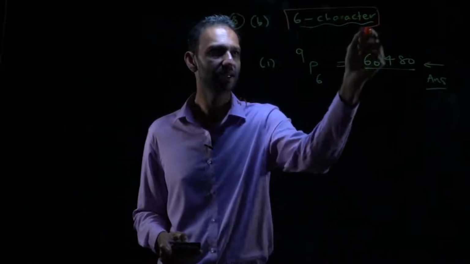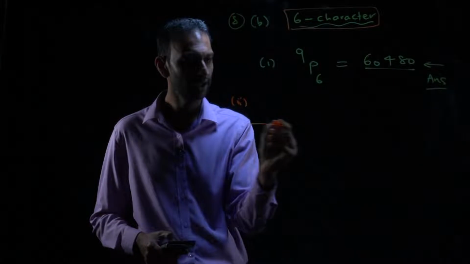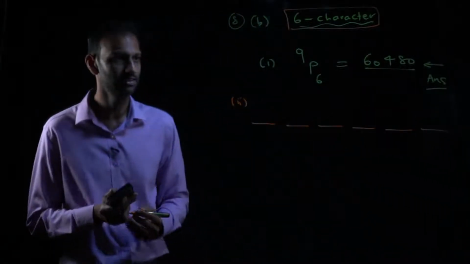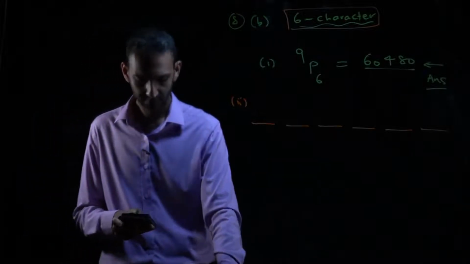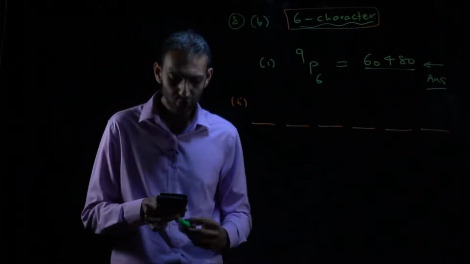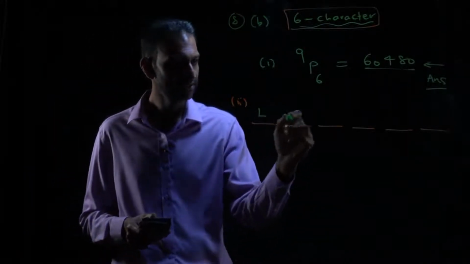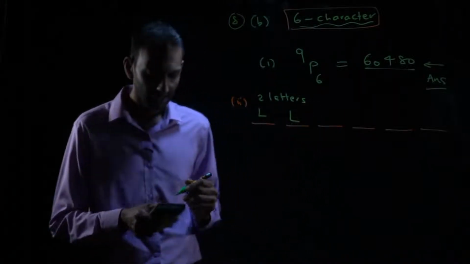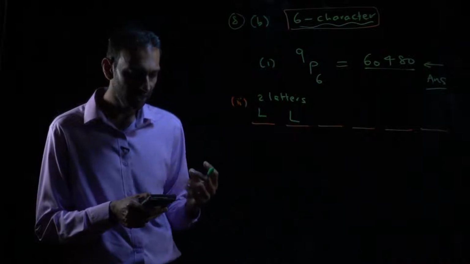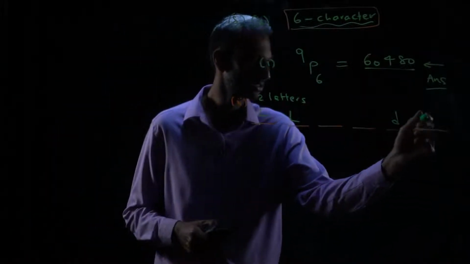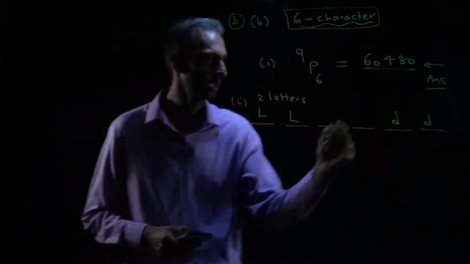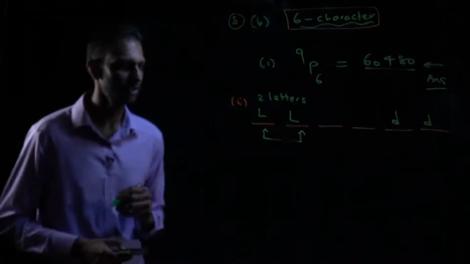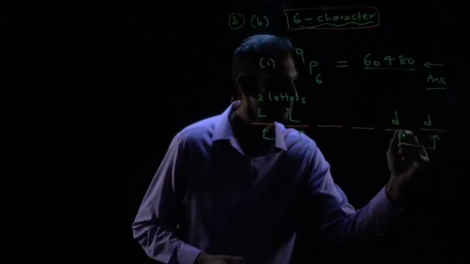We are dealing with a 6-character password, so 1, 2, 3, 4, 5, 6. Simple as it is. The question says 2 letters at the start. So letters, we have 2 letters. And then we need to finish with 2 digits. Digits. So we have 2 digits here. So 2 letters there. Okay, and then we have 2 digits.